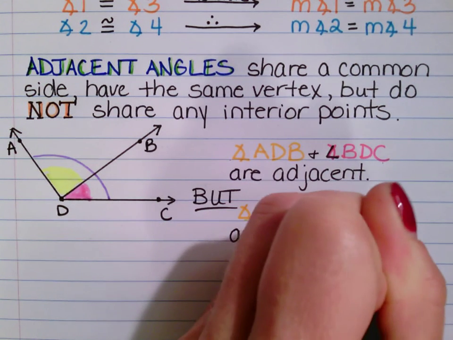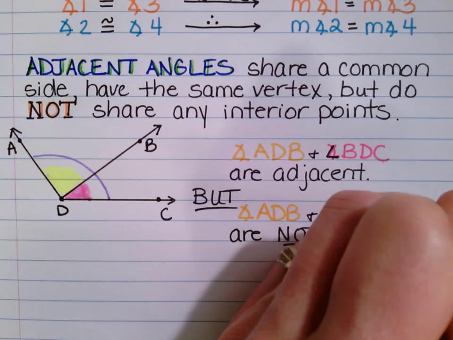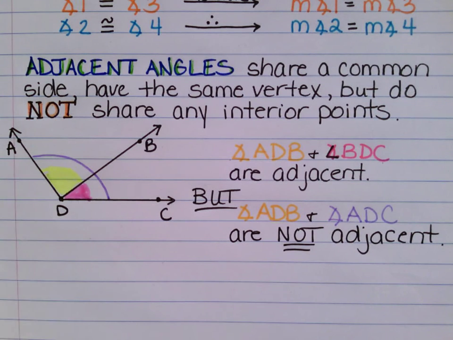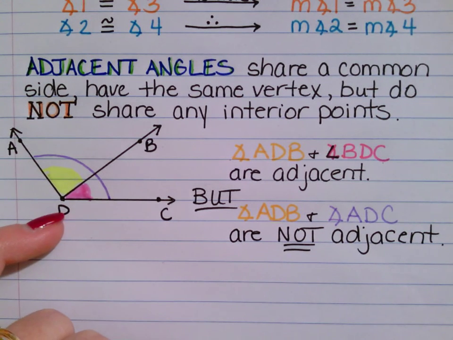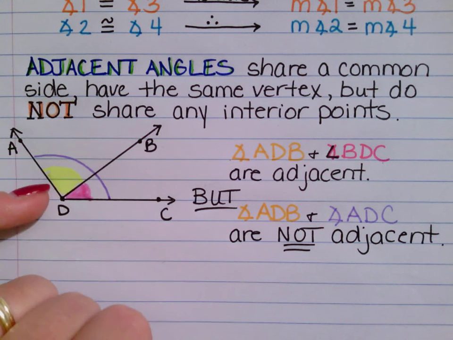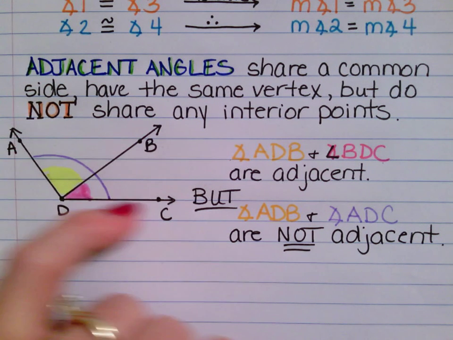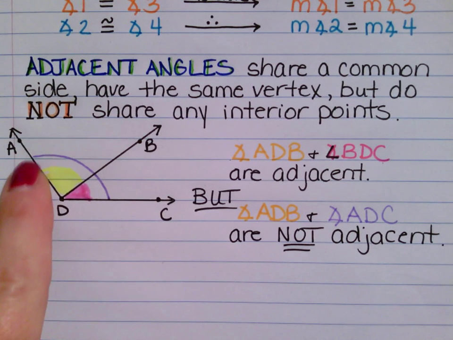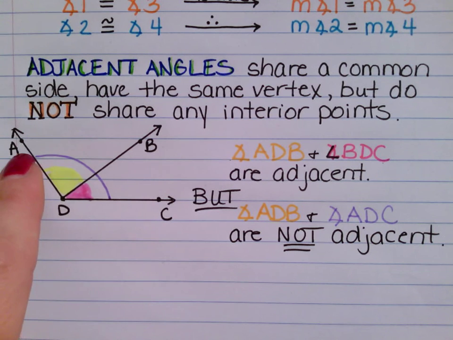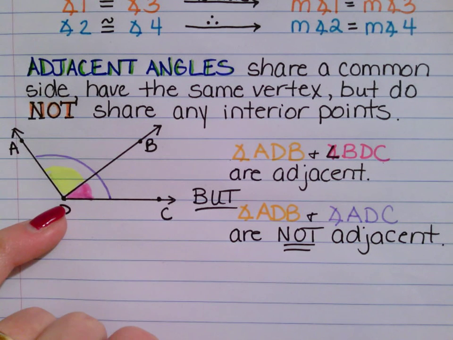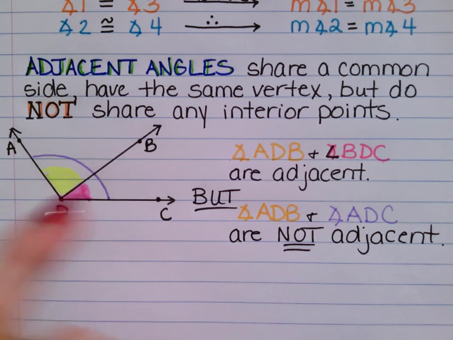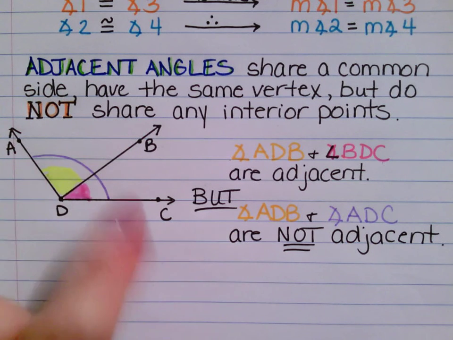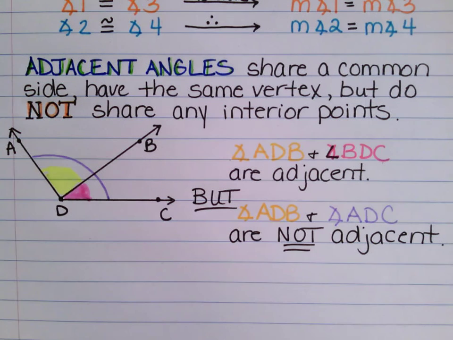Let's look at why. They fit some of the criteria, but not all of it. ADB, the yellow one, and the big one do share a common side. This is a side in the yellow one, and this is a side in the purple one. They have the same vertex, they both have D as a vertex, but they do share interior points. If I were to shade all the purple area and all the yellow area, they would overlap. So they fit some of the criteria, but not all, so those are not adjacent angles.